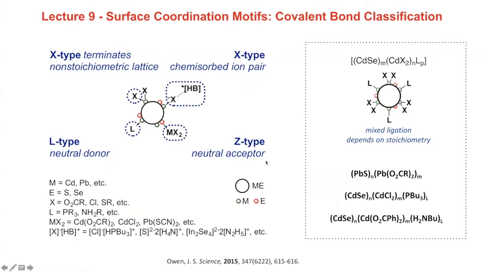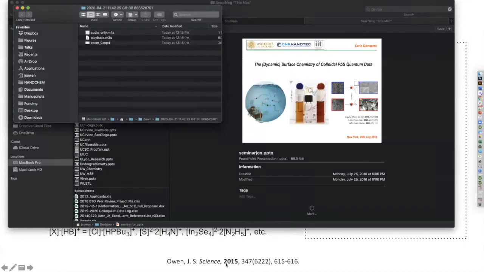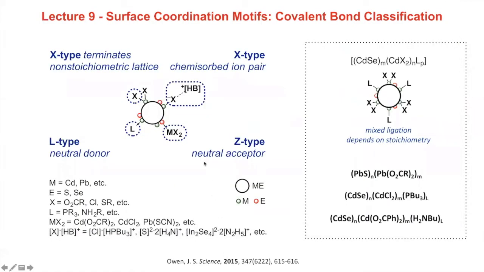Here are a series of different ligand classifications for nanocrystals that we're going to discuss. You can see 2 different types of X-type ligands, an L-type and a Z-type. And underneath, the number of green and red balls is meant to achieve neutral formulas overall for these ligand types.